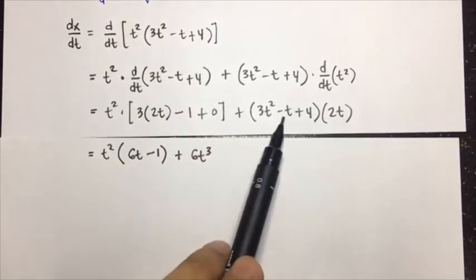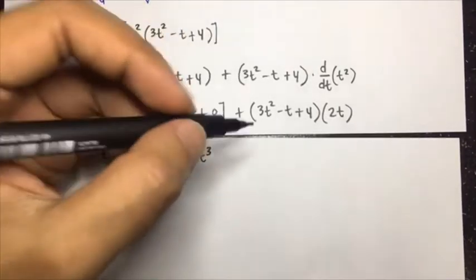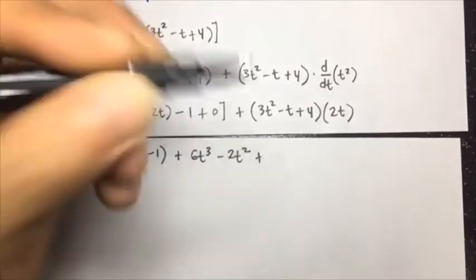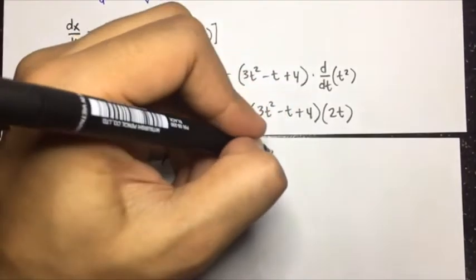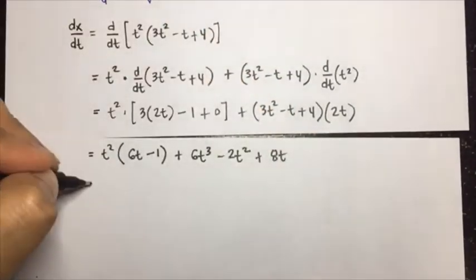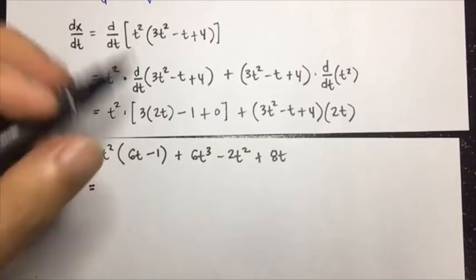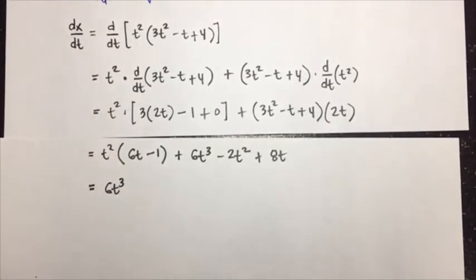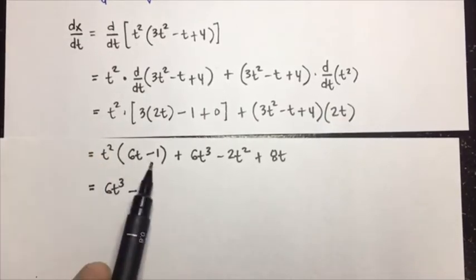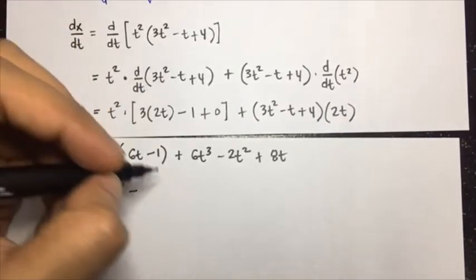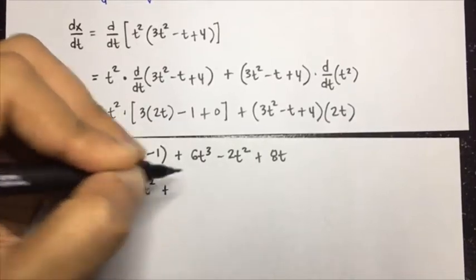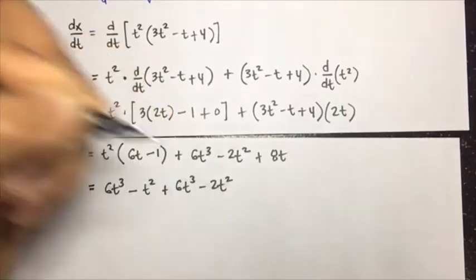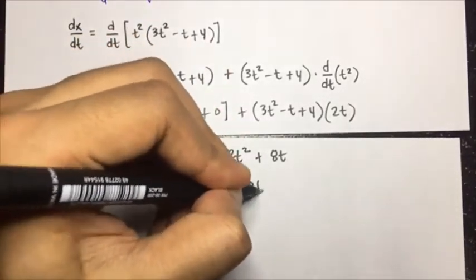And then 2t times negative t, that is minus 2t squared. And then plus 2t times 4, that is 8t. Okay, and then distribute this. So this will become 6t cubed minus t squared times negative 1, so minus t squared, plus copy this, 6t cubed minus 2t squared plus 8t.